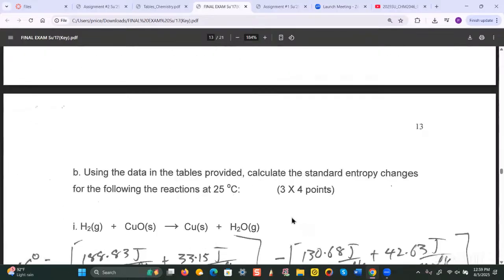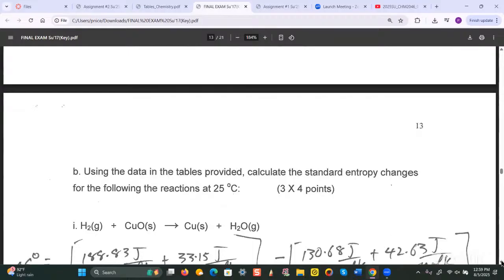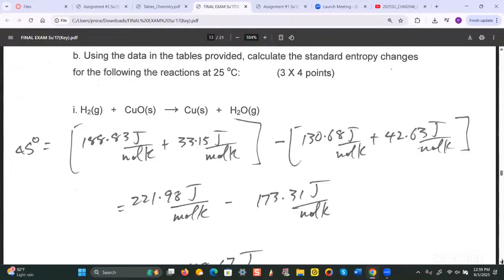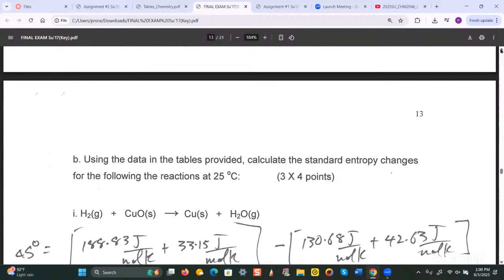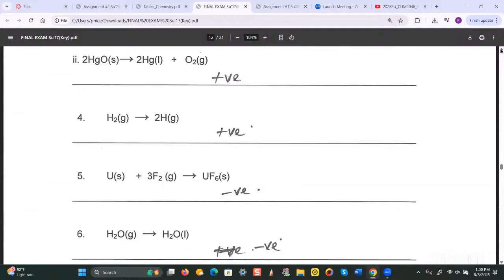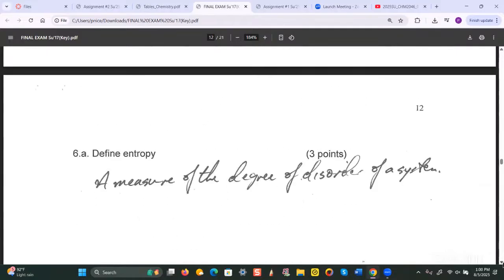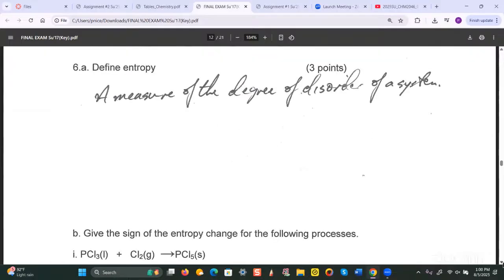It says using the data in the tables provided, calculate the standard entropy changes. Oh, okay. Actually, it's on page 12. I think there's 2 B's for this one actually. Okay, hold on. Page 12. Oh, you mean this one right here? Yes, I forgot how to do these.